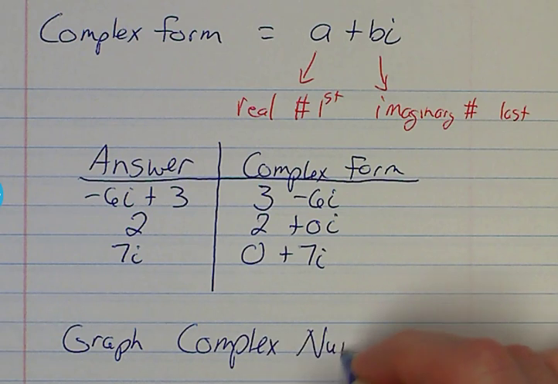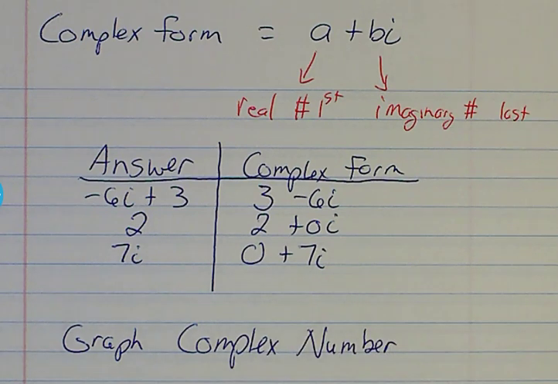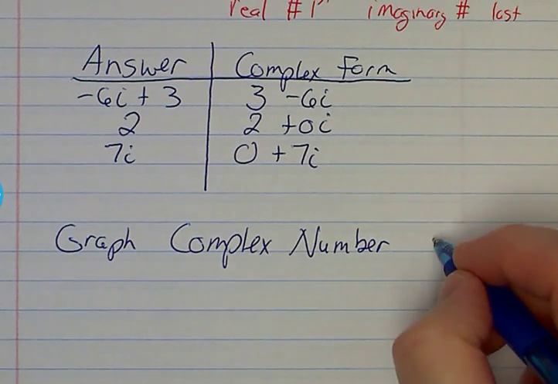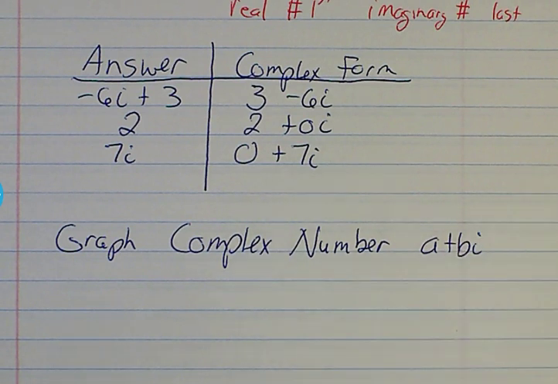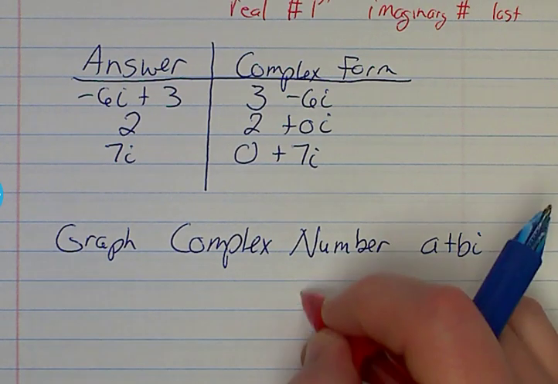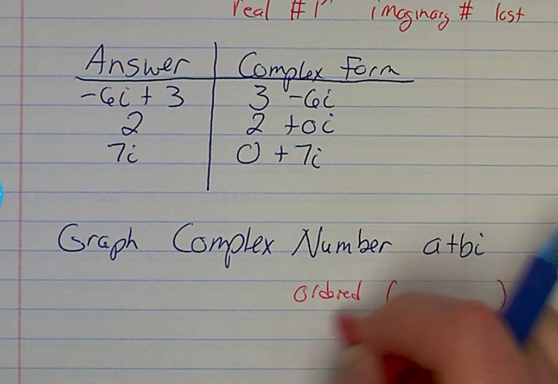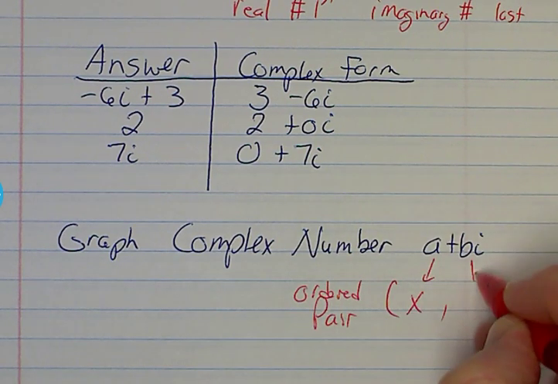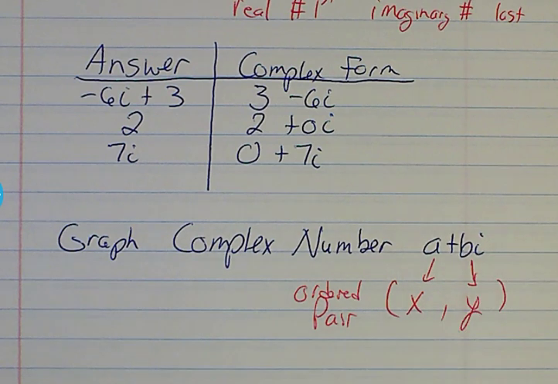Now, this is not the graphing we've done with absolute values or with the quadratic problems earlier. This is really straightforward graphing. When you have the a plus bi form and you put it in an ordered pair, the a value becomes your x coordinate and the b value becomes your y coordinate.